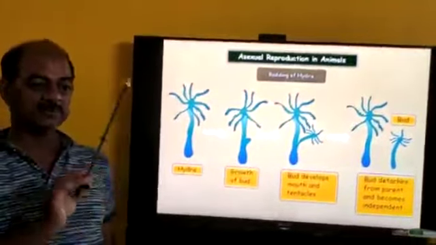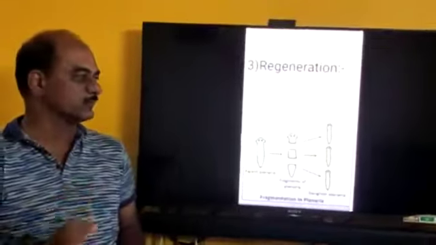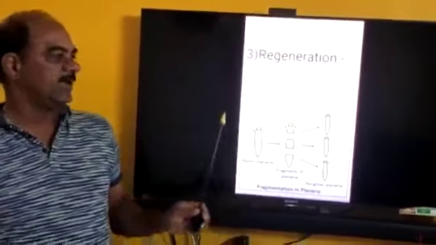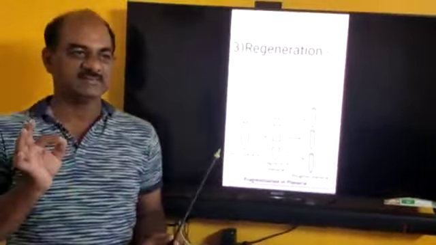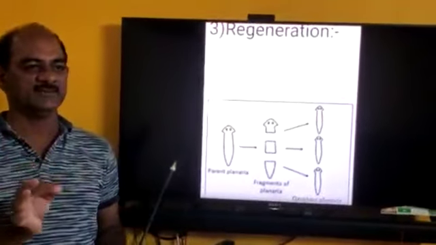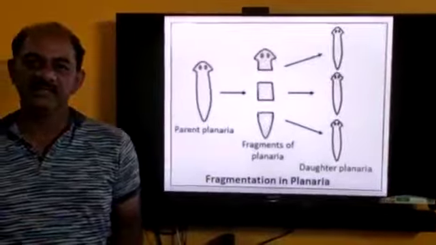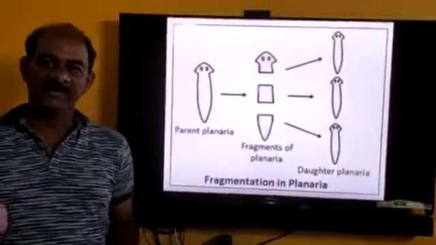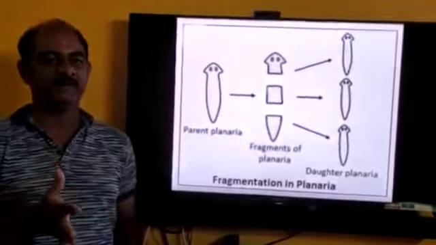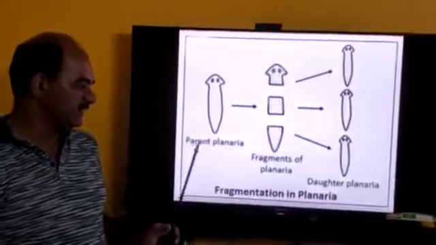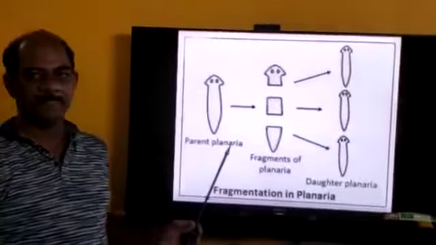Then the third process involved in asexual reproduction is regeneration. The best example of regeneration is that a lost part of the body is regenerated and developed again. Suppose here is Dugesia or Planaria.